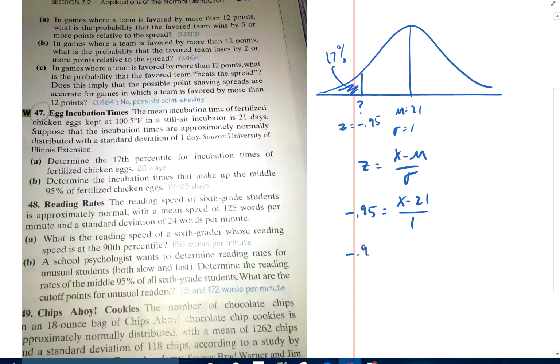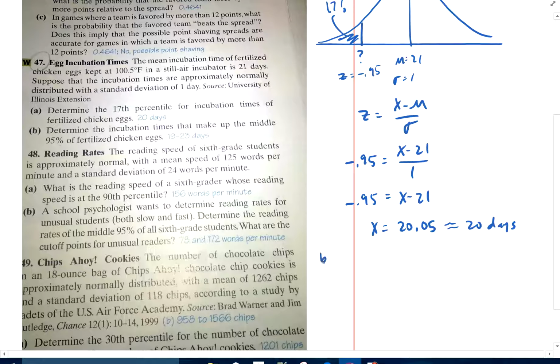So negative 0.95 equals, multiplied by 1, doesn't do anything, x minus 21. So x would be 21 minus 0.95, which would be 20.05. Okay. So that's the 17th percentile, which is approximately 20 days.